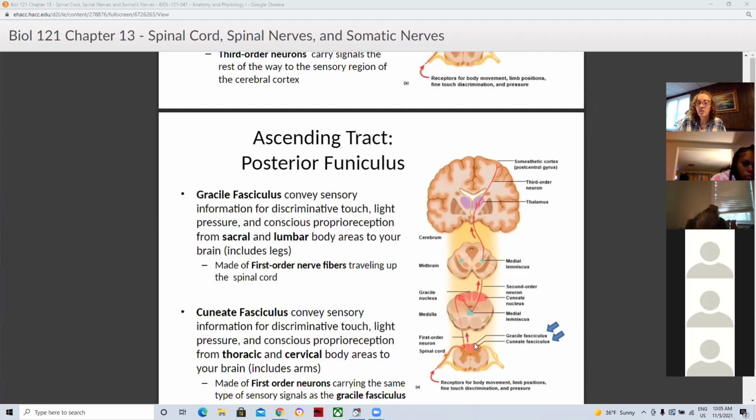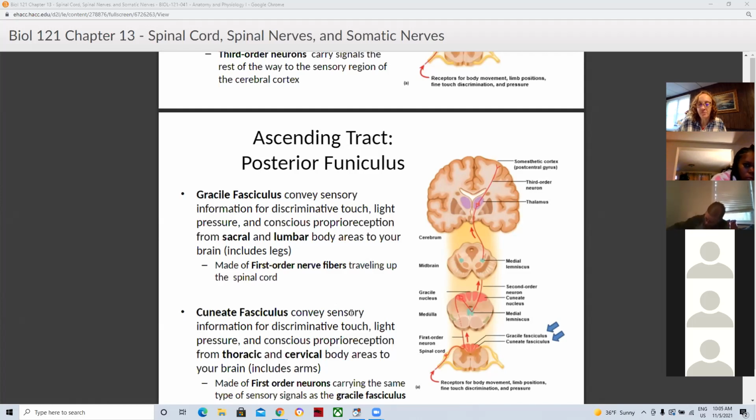It's made of first order nerve fibers that are traveling up the spinal cord. So from the lumbar and sacral region: discriminative touch, light pressure, and conscious proprioception. We'll talk about what proprioception is in one moment.